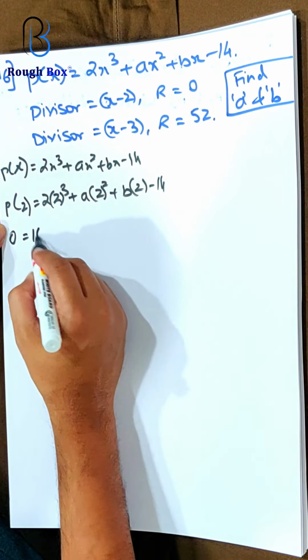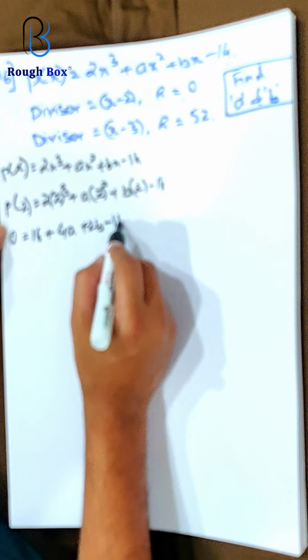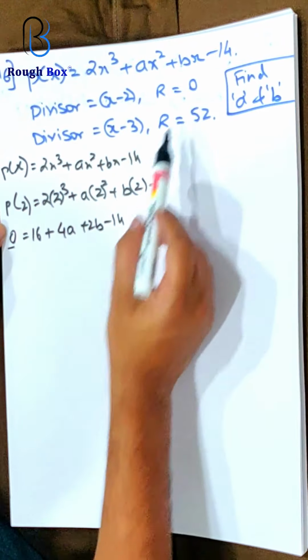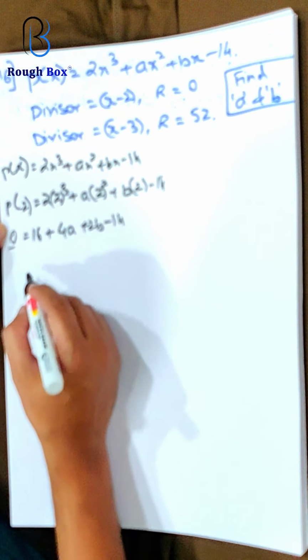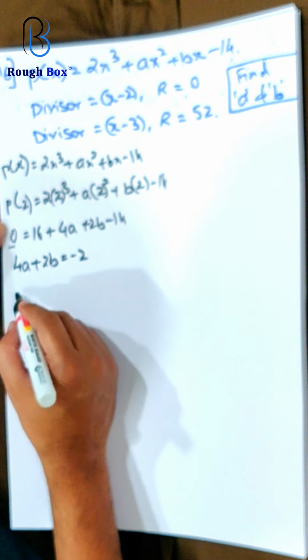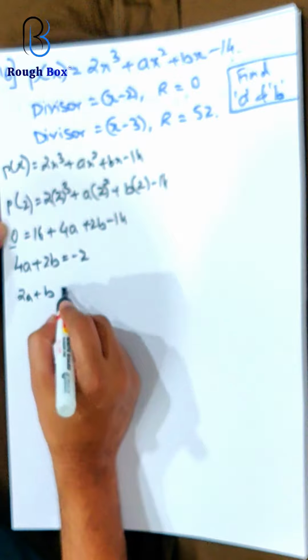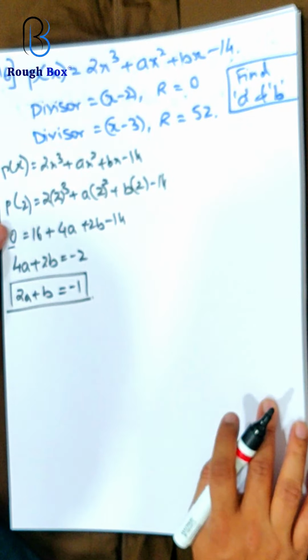So 2 cube is 8, 8 2s are 16. 4a plus 2b minus 14. So we managed to write the remainder correctly. Yes. 16 minus 14 is 2. 2 going on the other side, so minus 2. So 4a plus 2b equals minus 2. That means 2a plus b equals minus 1.